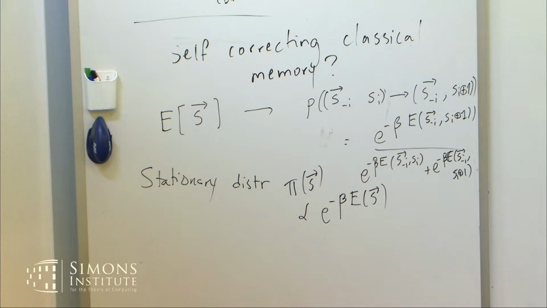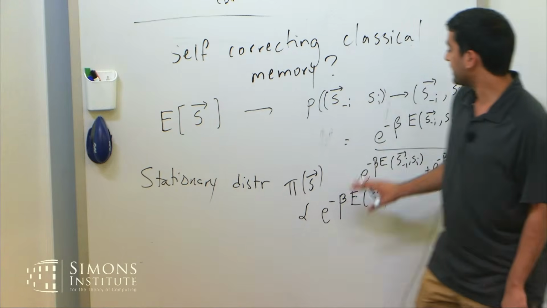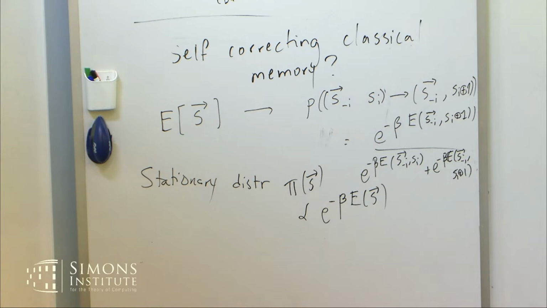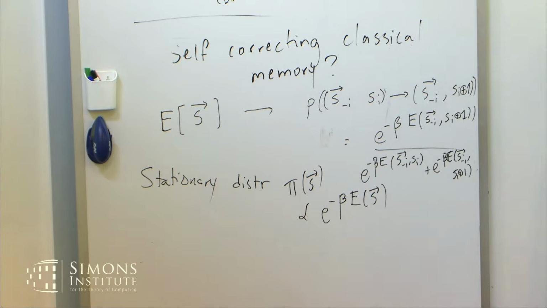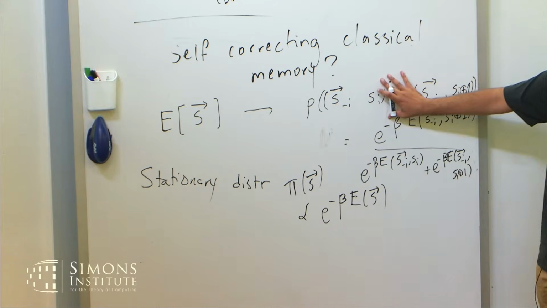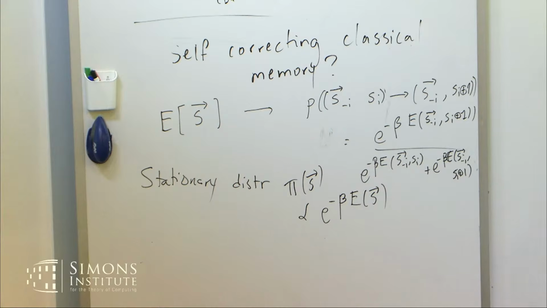Essentially the energy function dictates the rate at which these spins flip, and they flip at such a rate that the stationary distribution is a Gibbs distribution at some temperature. Okay. So right now I just talked about some classical dynamics of spins which flip under some energy function.